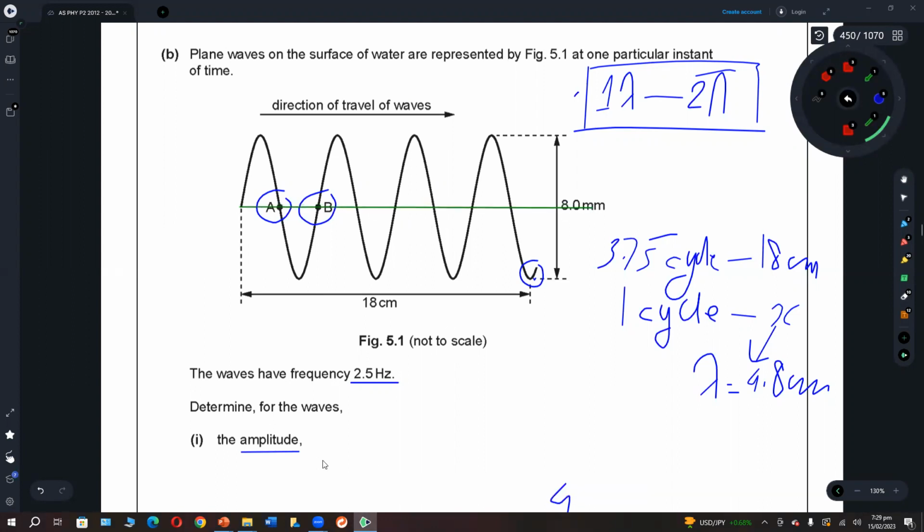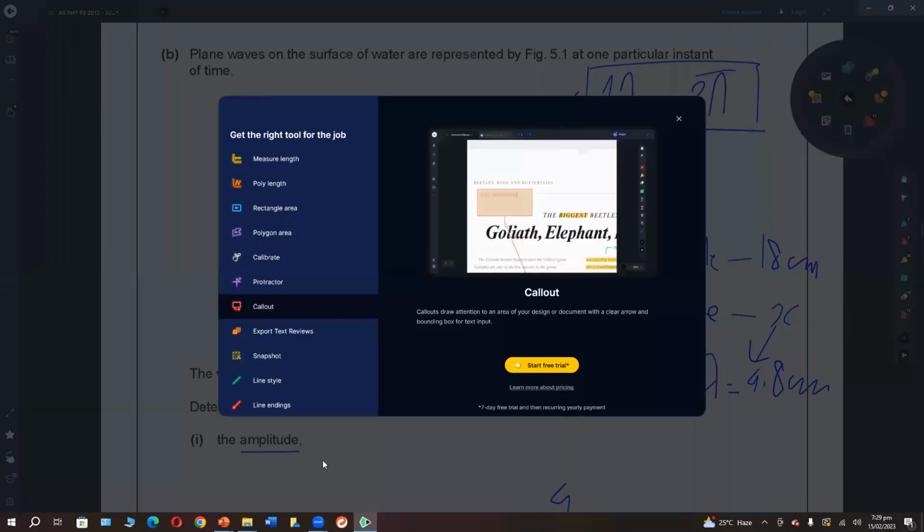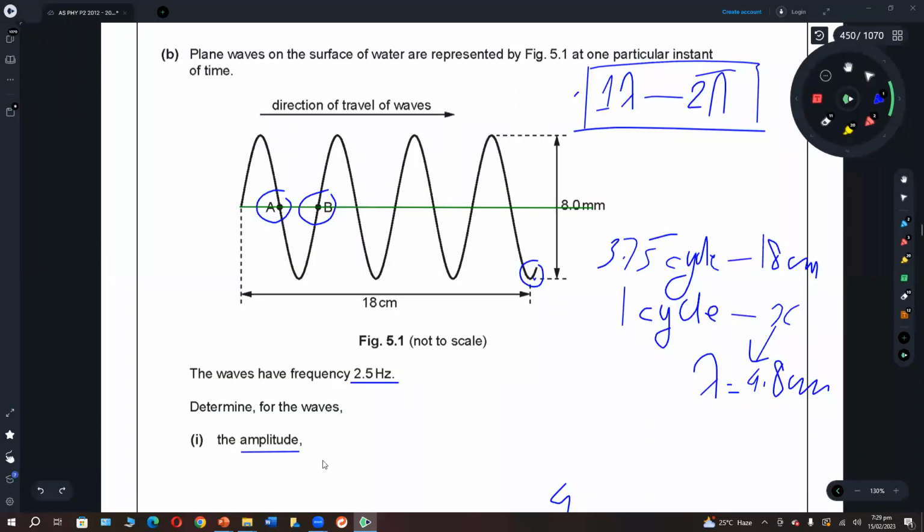I've drawn the line again for discussion. Now, I have to look for the separation between A and B. I should know how much it is of lambda. If I take my journey from A to B this much, is it 1 lambda, half lambda, or quarter lambda?